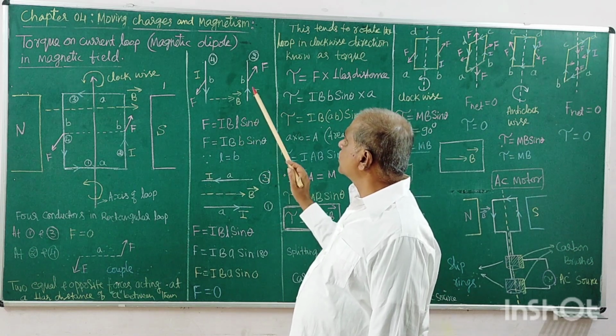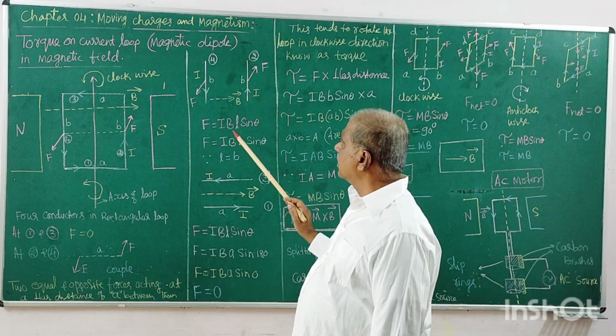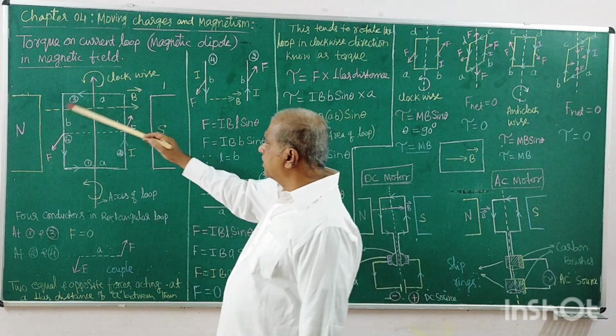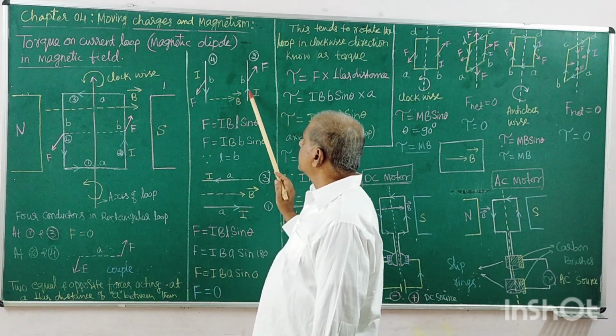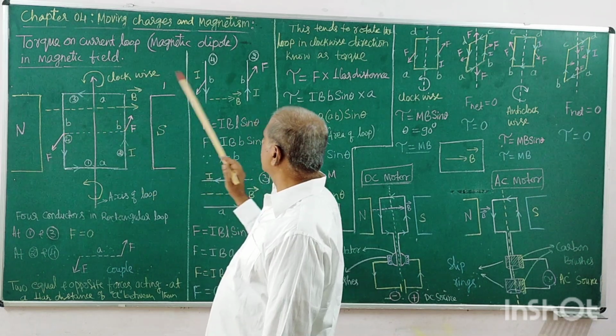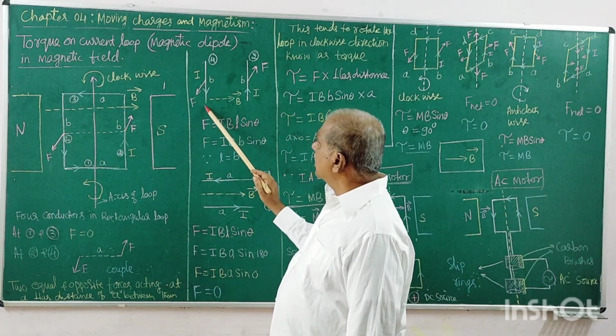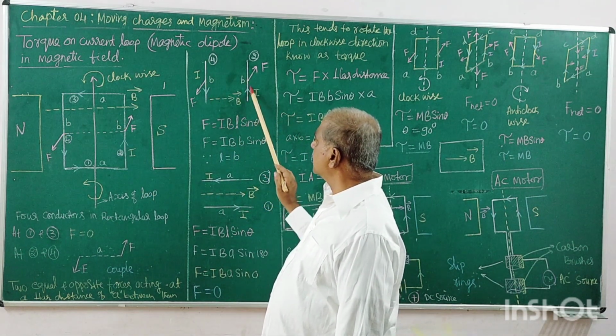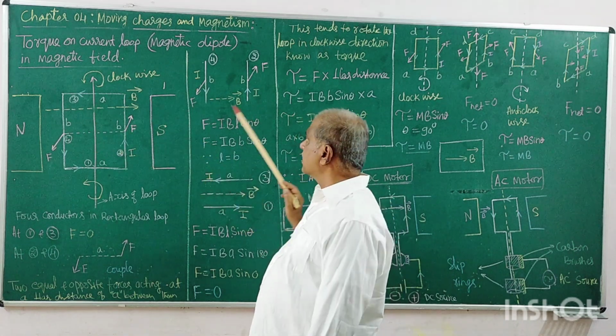So look at this force. Here I and B, the current strength in all the conductors, remain the same. This is conductor 2, and this is conductor 4. B is the length, and the current is high in all the conductors.